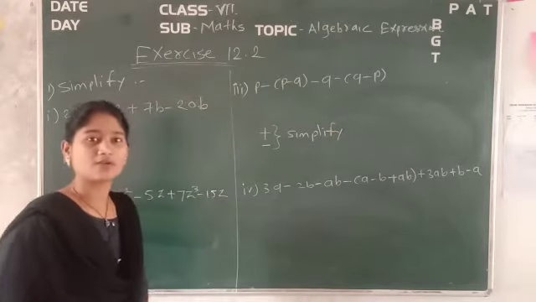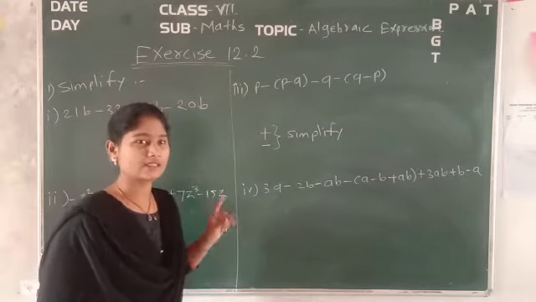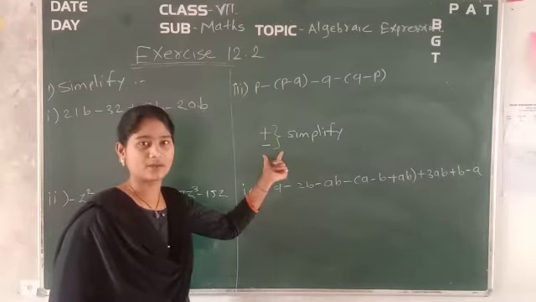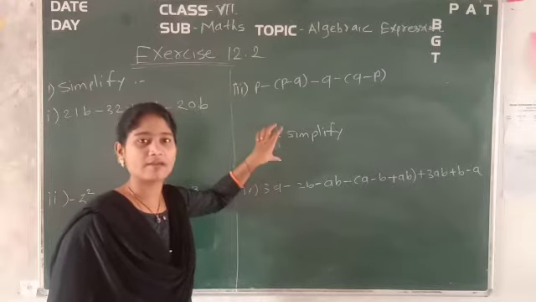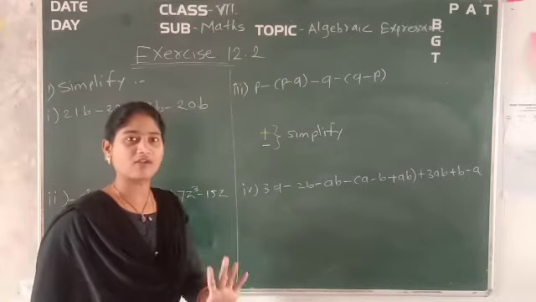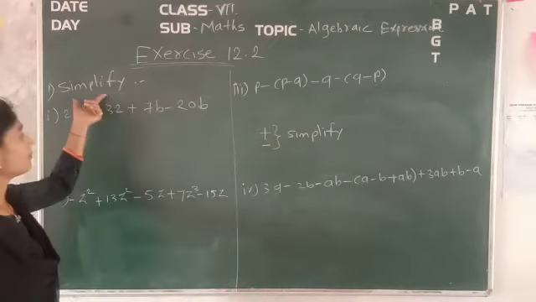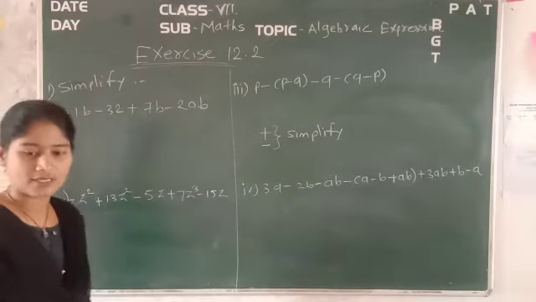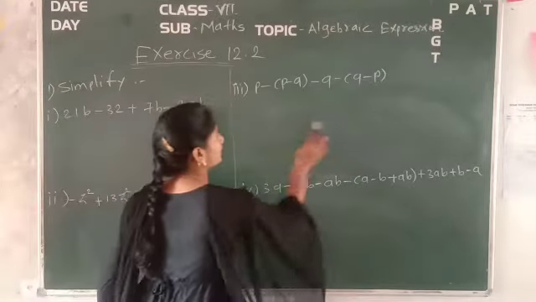So it means we have to consider two arithmetic operators, plus and minus. And when we arrange both these operators within one equation, we call it a simplification problem, or just simply simplify. Right, now see, one by one we will see all these problems.